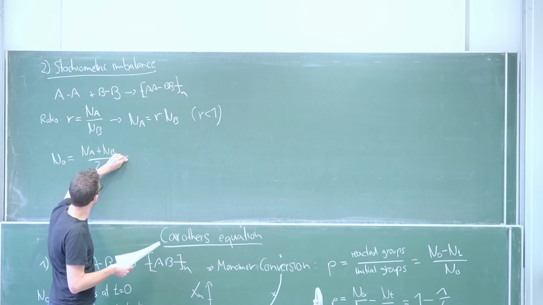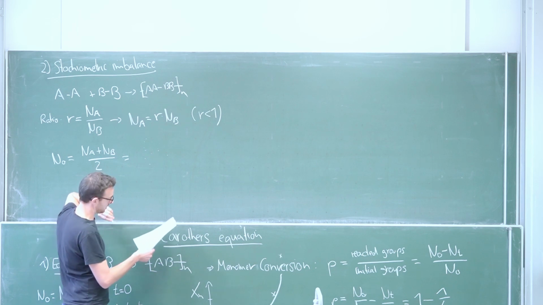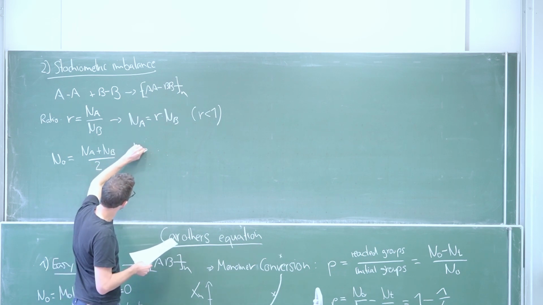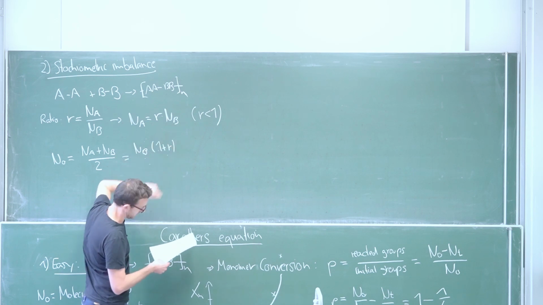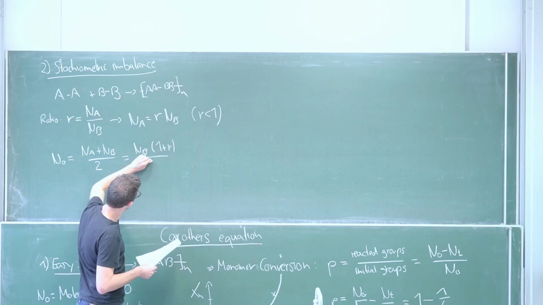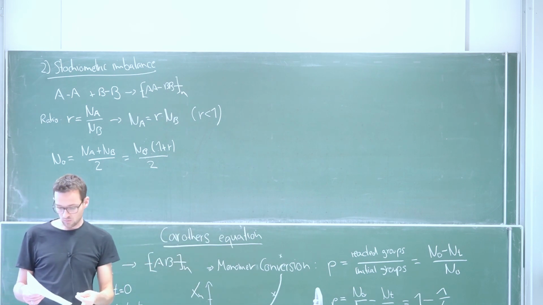And since we can express Na by Nb, we can also express it here. So this will be Nb times 1 plus r divided by 2.